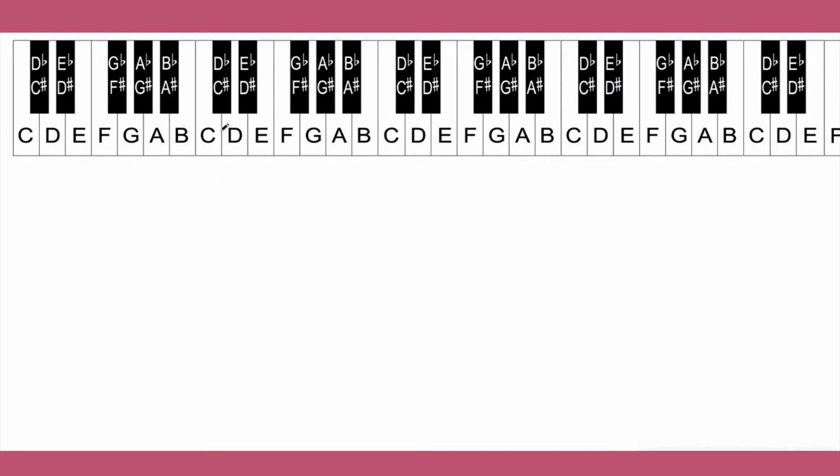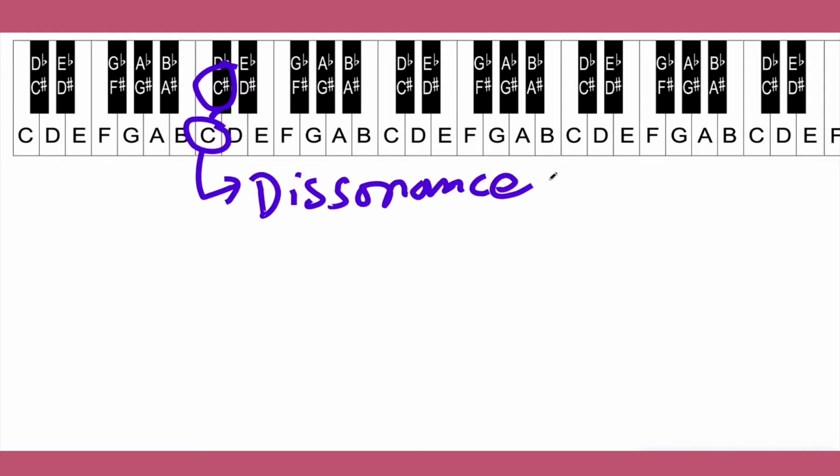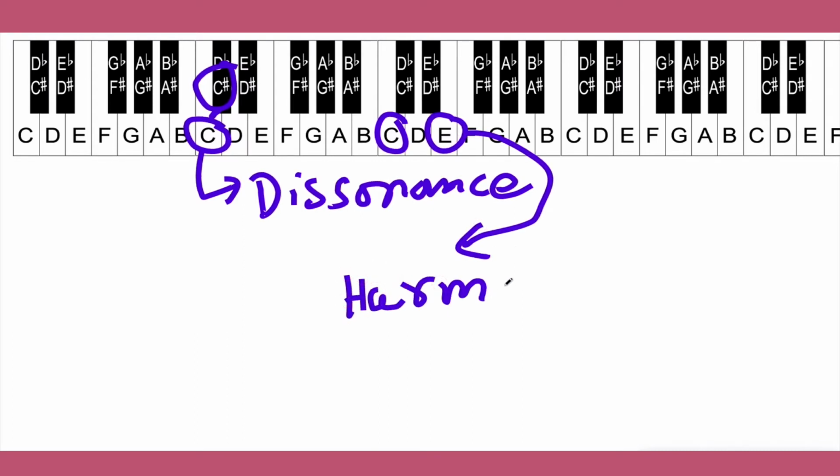Okay, now look at this. When I play C and C sharp together, these two notes, when played together, produce something called dissonance. Dissonance, all right? But when I play something like C and E, it produces something called a harmony, alright? So that's a harmony.